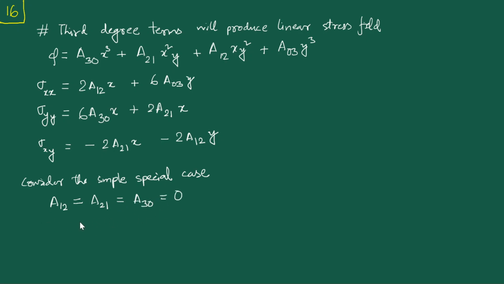You set this. Then what we'll have is sigma xx is equal to 6a03y, sigma yy going to be equal to 0, and sigma xy is also going to be equal to 0.